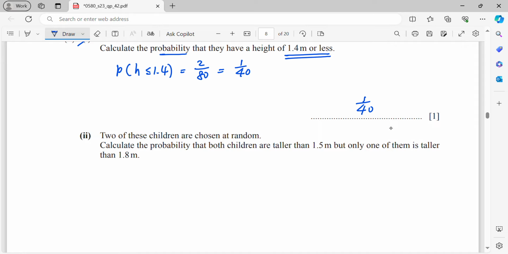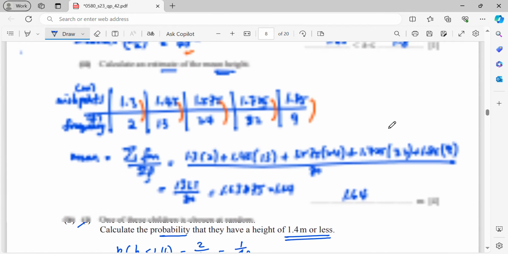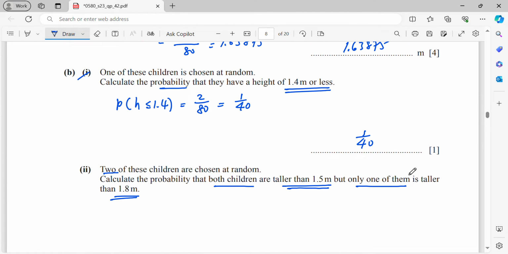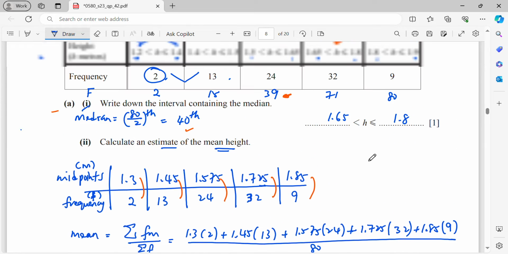Okay, part 2. Two of the children are chosen. Calculate the probability that both children are taller than 1.5 meters, but only one is taller than 1.8. Look at here: both are taller than 1.5, but only one is taller than 1.8.